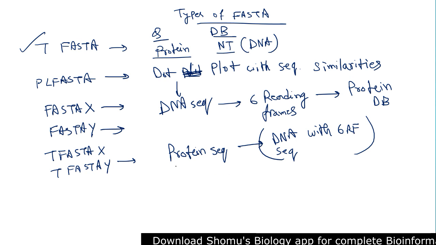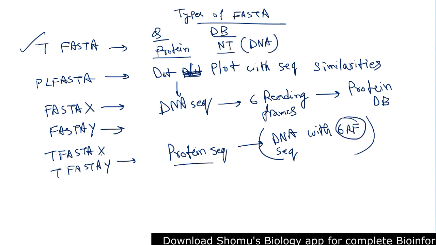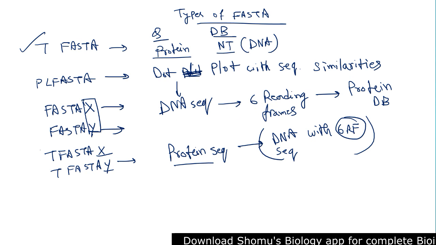But if the protein sequence is compared against the DNA sequence with 6 reading frames, then we call it T-FASTA X and Y. Whenever the FASTA suffix is X and Y, the DNA is converted to 6 reading frames, so the comparison is based on the reading frames.